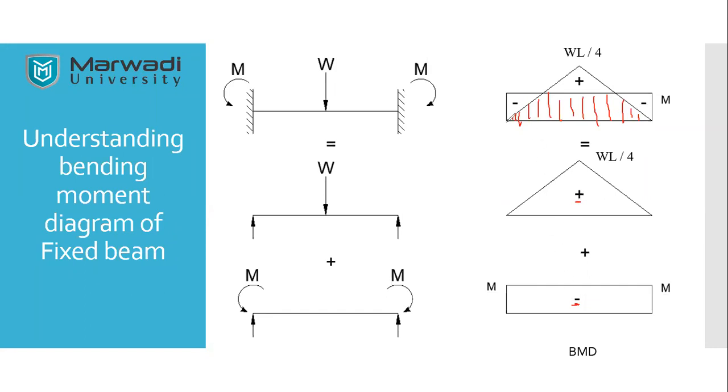This moment is going to be 0. The trapezoid that I have shown by hatched lines is going to fetch me a 0 value. So now I will be left with only negative and positive moment. This moment will be my positive moment, and this moment is going to be my negative moment.